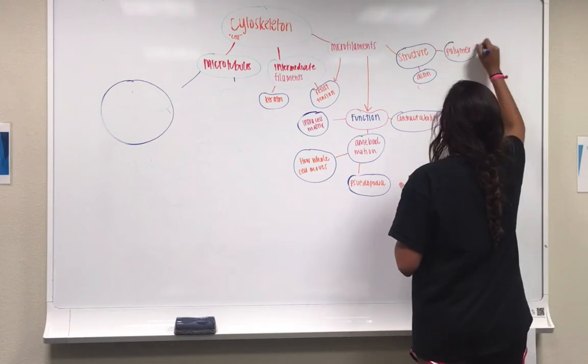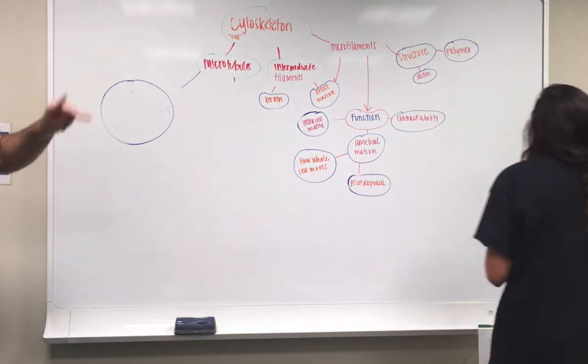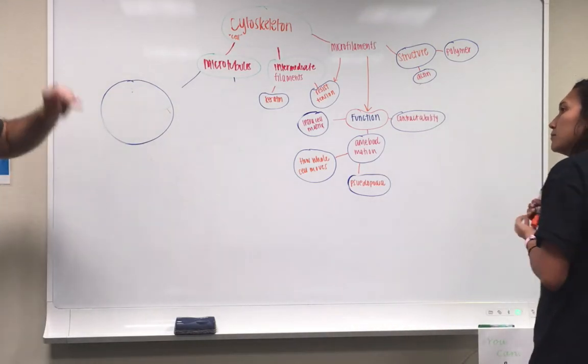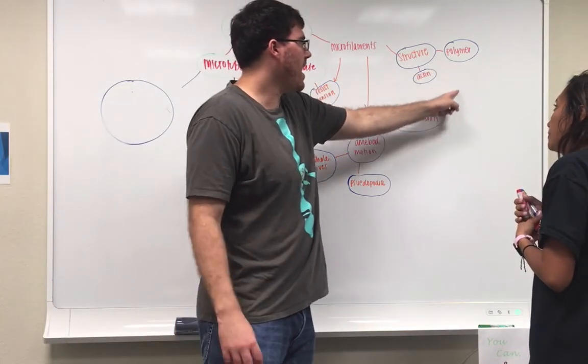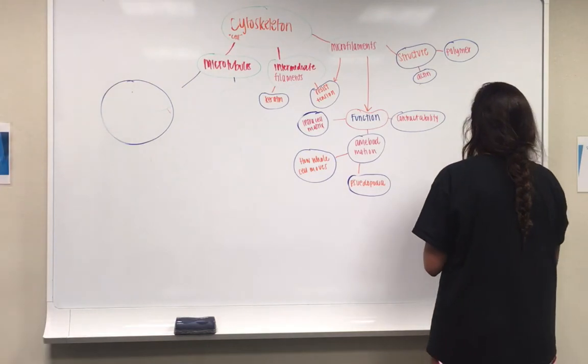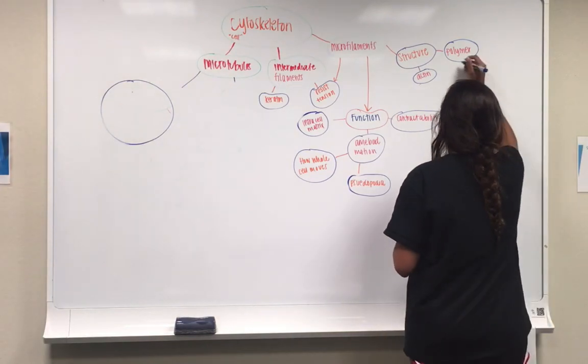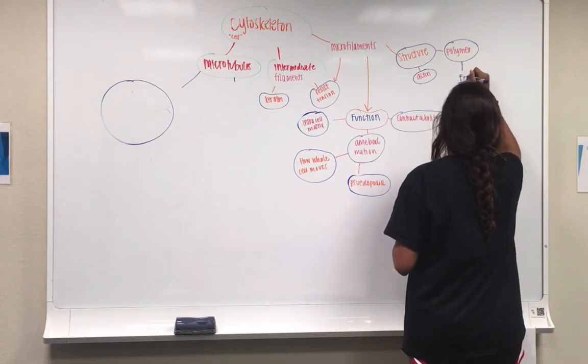Okay. So there are two polymeric states in which actin, or microfilaments, can exist. There's F-actin and then G-actin. Good.